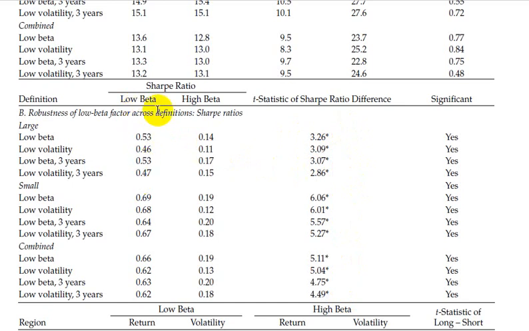For instance, low beta stocks earned Sharpe ratios of above 0.5 in most cases. High beta stocks earned a lot smaller Sharpe ratios, and this is maybe because the high beta stocks are so volatile that the return isn't as much compensation for that risk as it is in the low beta.